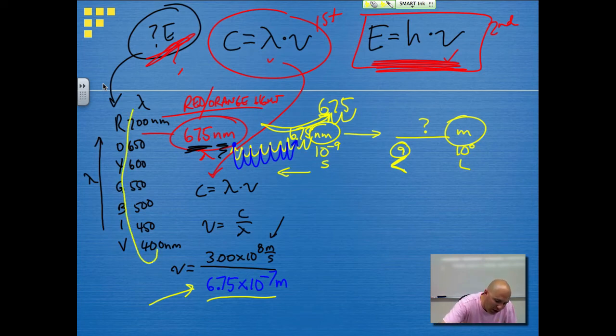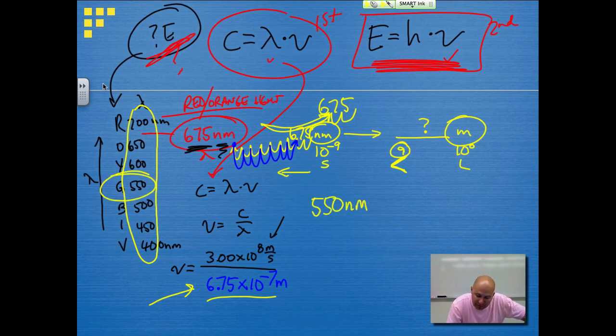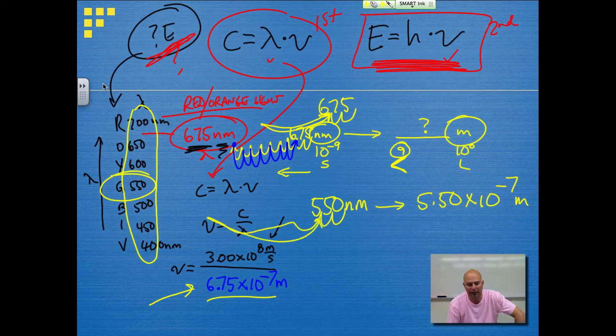Since all our colors are between 400 and 700, if I had a green one, 550 nanometers, that would be 5.50 times 10 to the negative 7 meters. Why? Because nanometers to meters is 9, but I'm writing negative 7 because I went 1, 2 extras before I came back to here. All right?